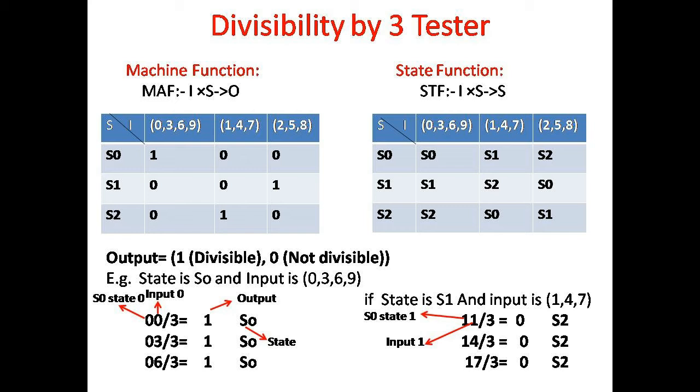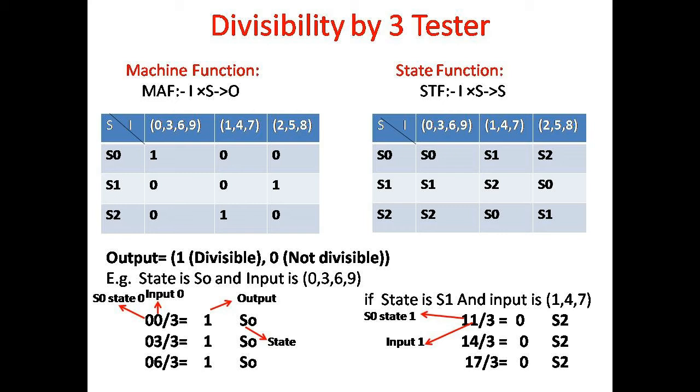The machine function table produces the output O. The output O is 1 for divisible and 0 for not divisible. For example, if the state is S0 and the input is 0 or 3 or 6 or 9, if we take any one of the inputs, say 0, and the state is S0, the number becomes 00.